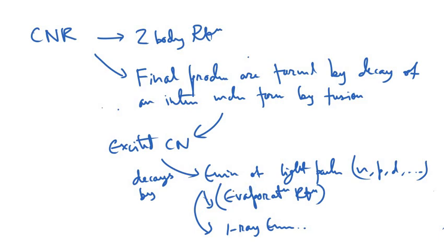The compound nucleus has another possibility: it can also decay by two massive fragment emissions, and this is known as fusion fission reaction.